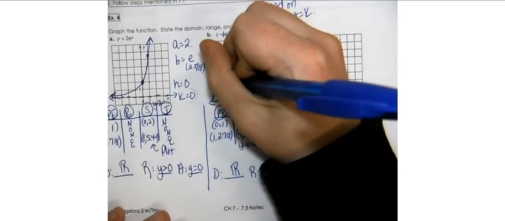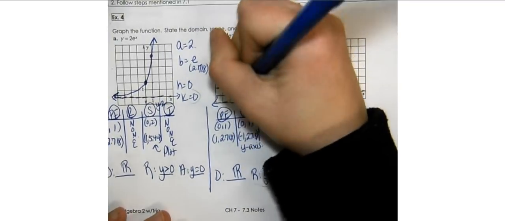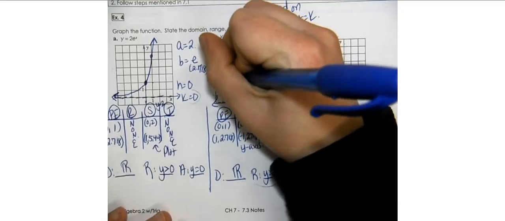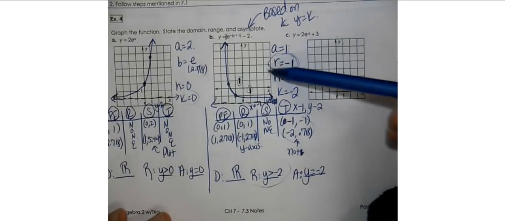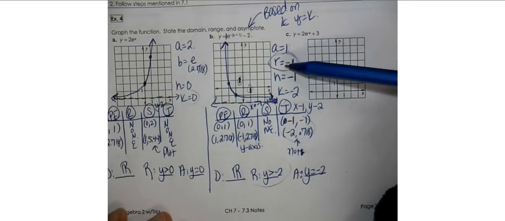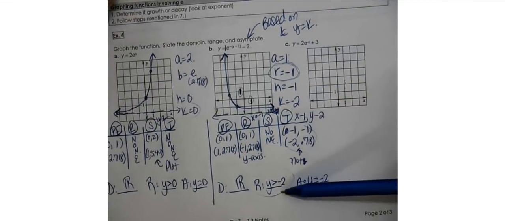So my graph is going to be approaching my horizontal asymptote, and it's going to be a decreasing function. The reason why it's a decreasing function is because my R value is negative. Notice that our graph is above, it's pointing up, so that's why our range is going to be all values of y greater than -2.